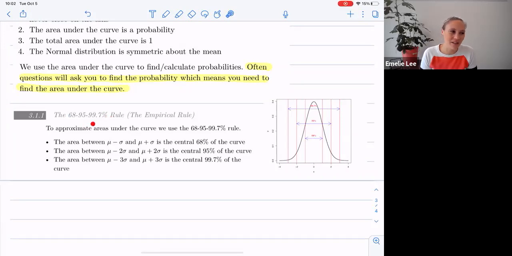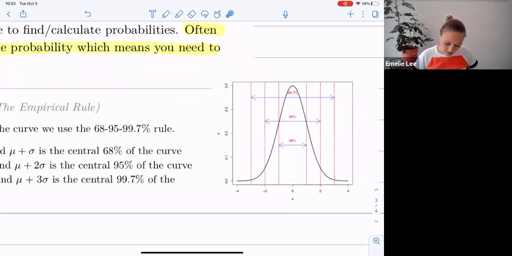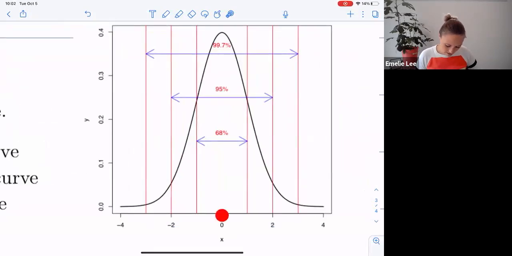Technically it's called the empirical rule, but if you Google the 68, 95, 99.7 rule, it'll come up with a bunch of answers, right? And so it's pretty common to call it that.